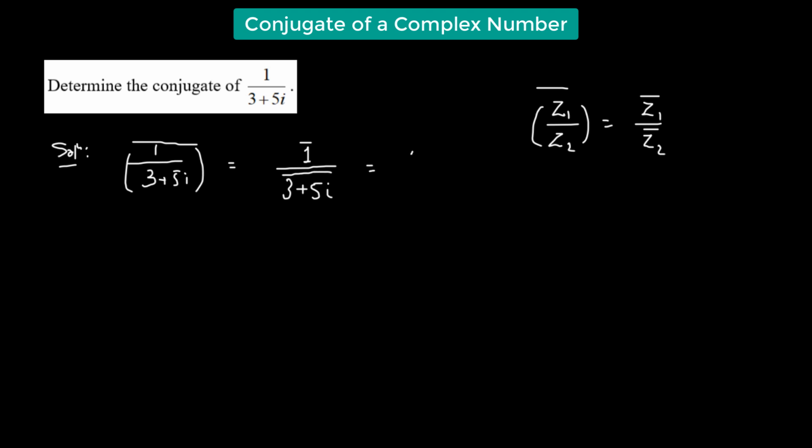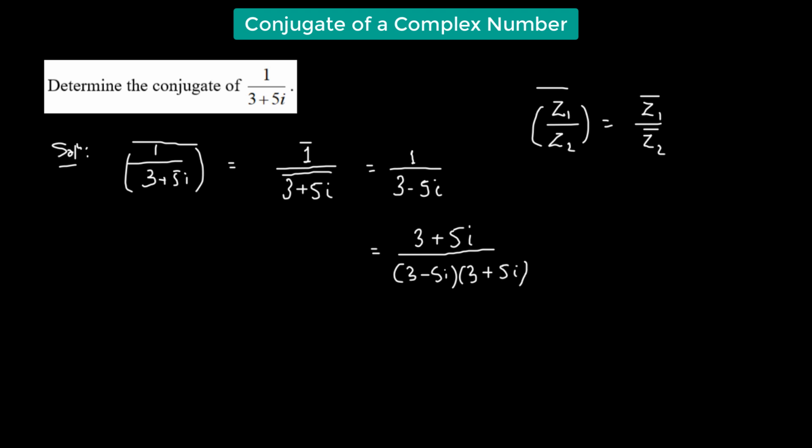Now the conjugate of 1 will be simply 1, and the conjugate of 3 plus 5i will be 3 minus 5i. But we have to convert it into the standard form, so to do that, we multiply the numerator and the denominator by the conjugate of the denominator, which will be simply 3 plus 5i.